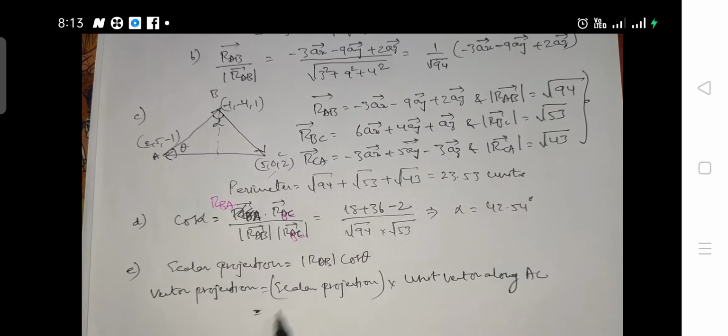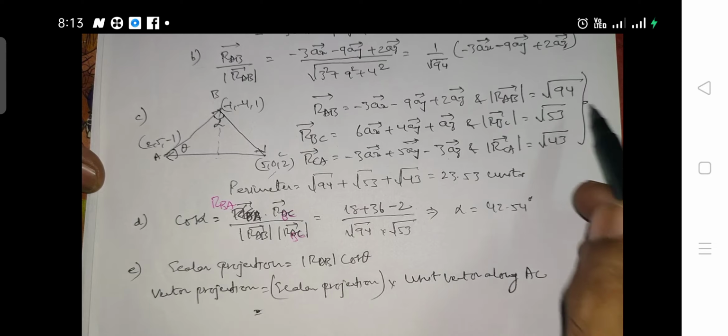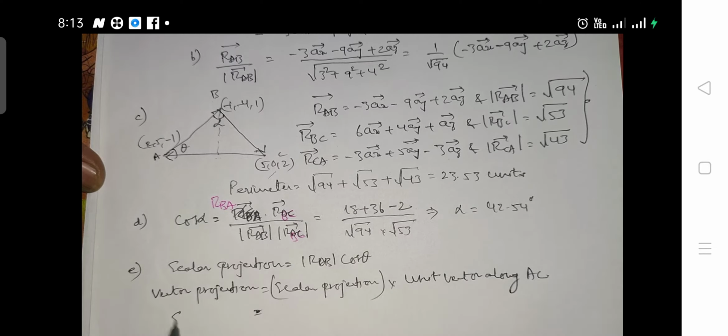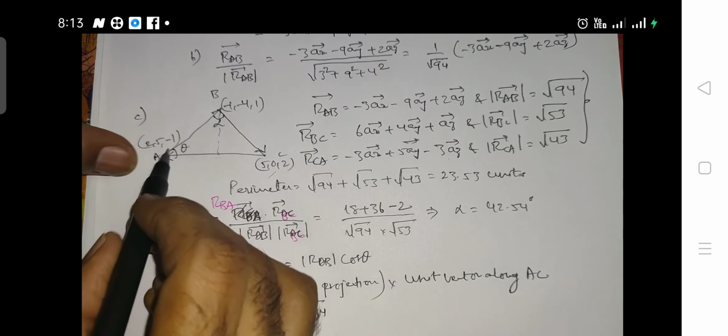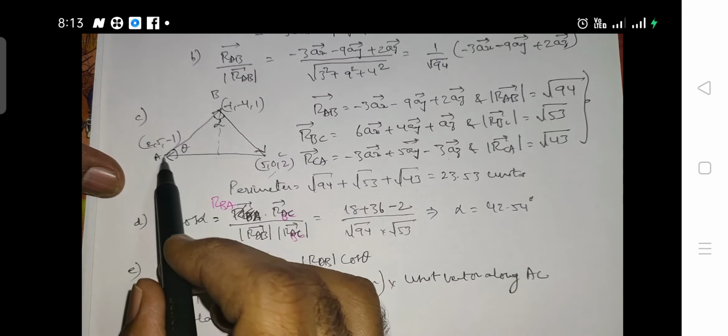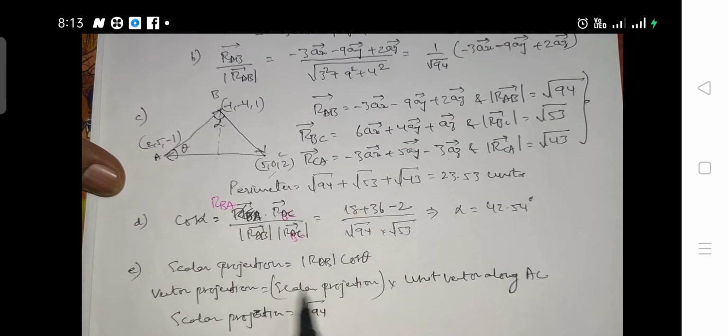Let us find out one by one. The scalar projection is modulus of RAB into cos theta, and modulus of RAB we know is square root of 94. So scalar projection is equal to square root of 94 into cos theta, and cos theta is nothing but the dot product of AB and AC, so RAB bar dot RAC bar divided by the magnitudes of RAB multiplied by RAC.